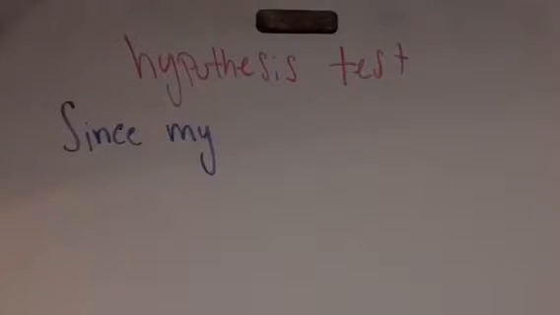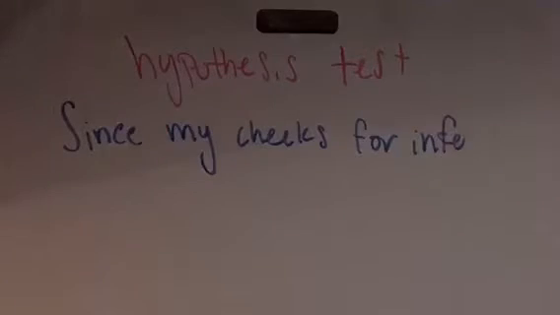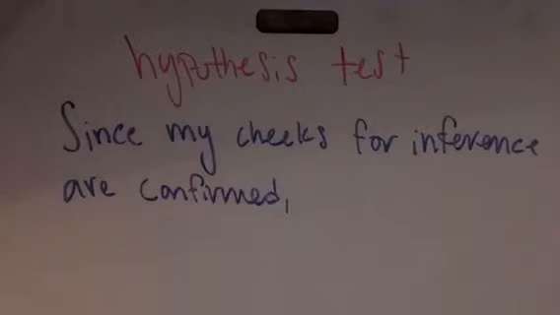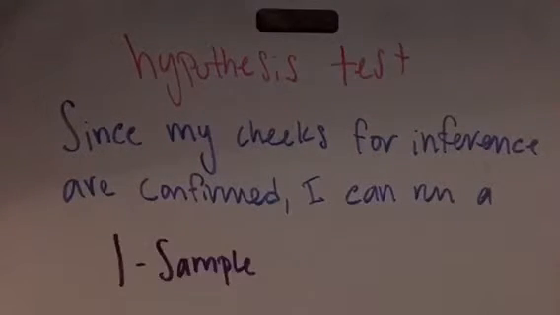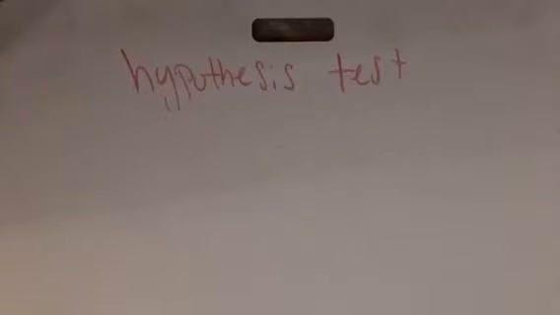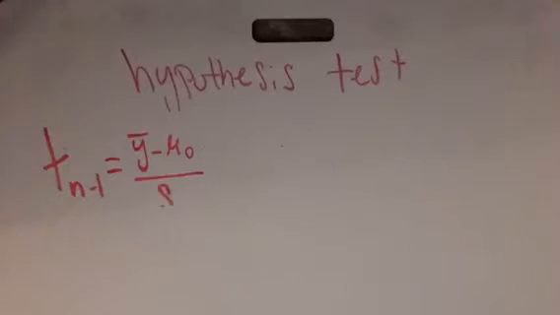Since my checks for inference are confirmed, I can run a one sample T test. The next step will be to write our skeleton, which is t of n minus 1 is equal to y bar minus mu naught over the standard deviation over the square root of n.